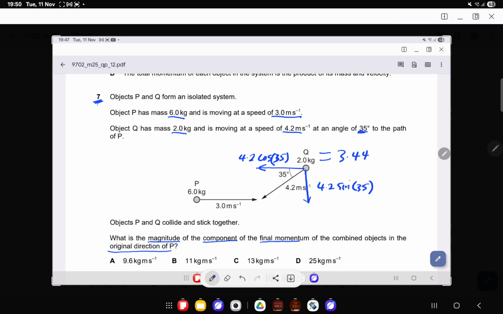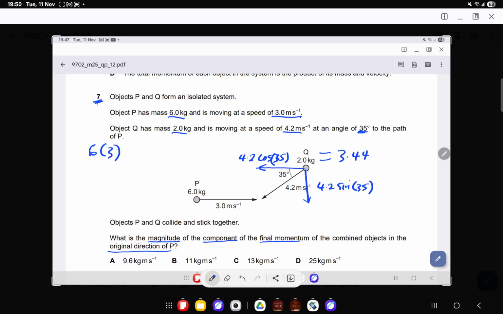So for the conservation of momentum, we say that momentum before collision must be equal to momentum after collision. So now let's consider the momentum before the collision. For P, it is going to your right, so we are taking it as positive. So that will be 6 times 3. But for object Q, in the horizontal component, you can see it is going to the left.